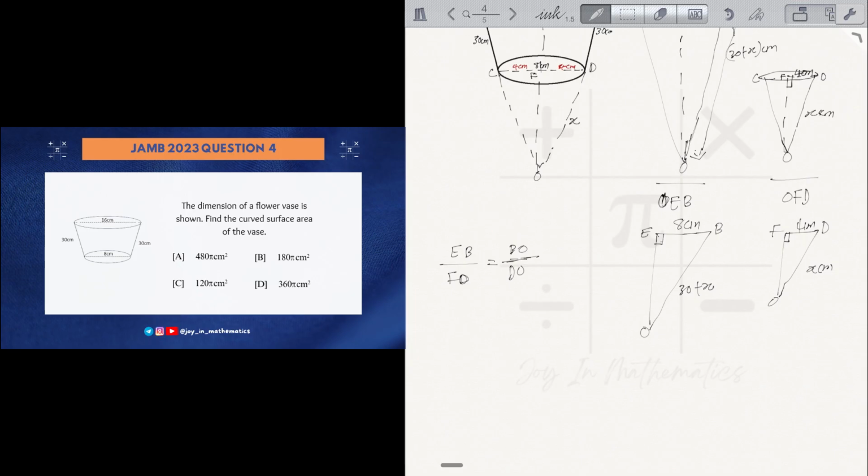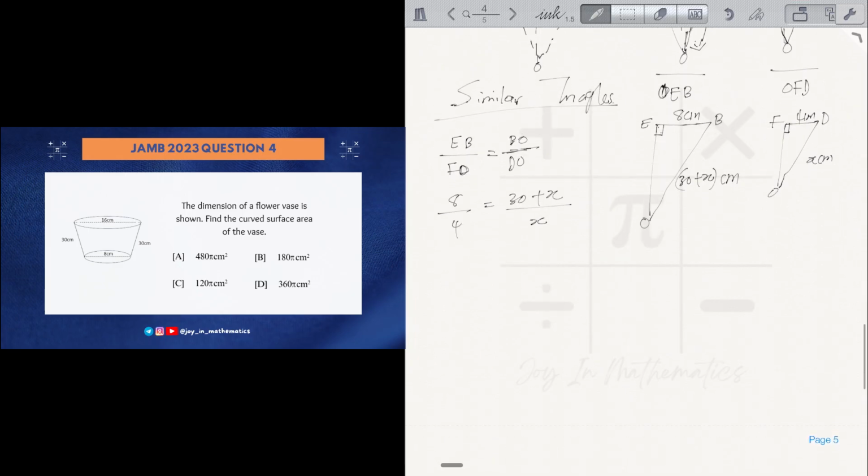So EB now is 8 centimeters, just like we have here. FD is 4 centimeters. So this will result into 8 over 4. BO is 30 plus X. So we equate it, 30 plus X divided by DO, which is just X centimeters. Remember, we are applying similar triangle. So now we want to evaluate what X is.